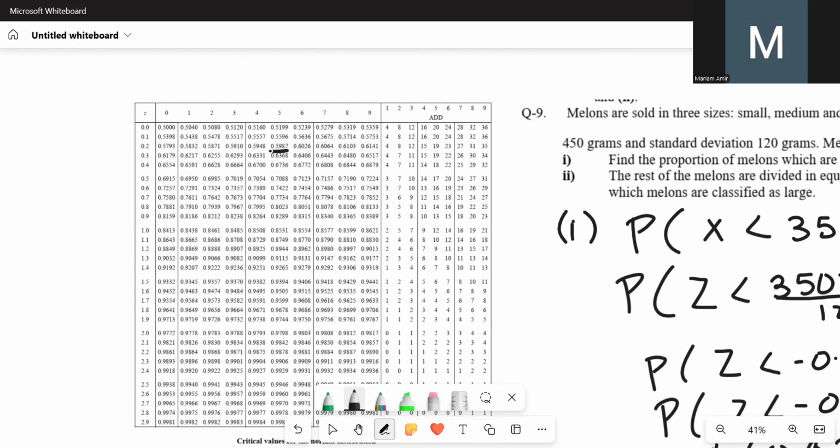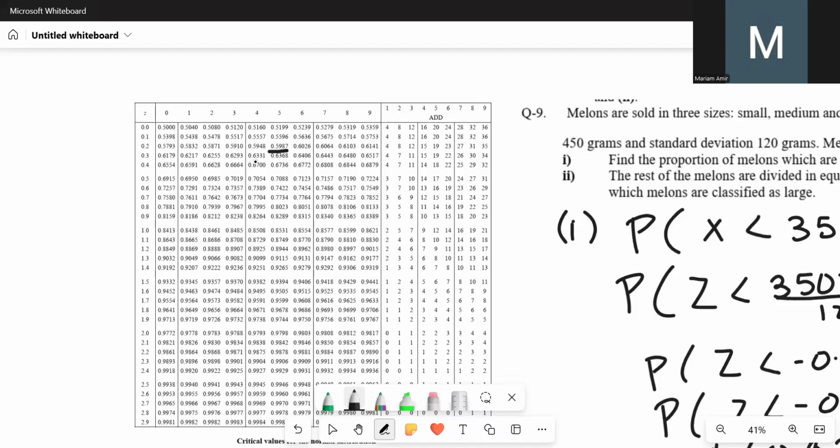So we need to add something to this to convert it into 0.6013. For that, what do we need to add? Let's subtract these quickly. 0.6013 minus 0.5987.